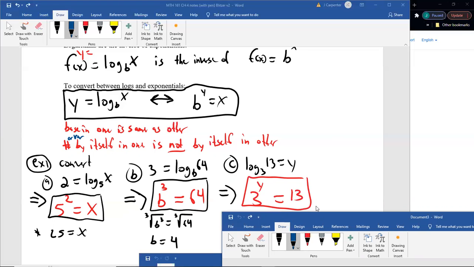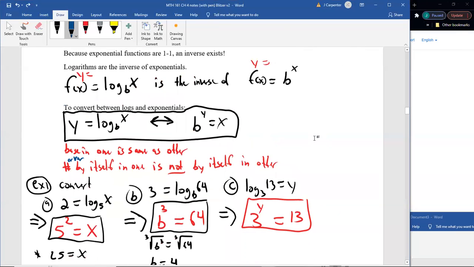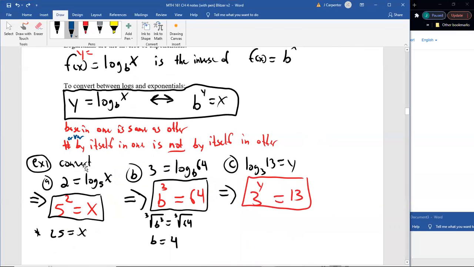Now this equation right here is kind of similar to this 2 to the x equals 17 that for now we have no idea how to solve, and that's okay. So that's what I like about these three examples I introduce. A and B, you can actually make sense of when you convert it. C, you actually can't. And in fact, after you're done with this chapter, I would never want anyone to convert this.